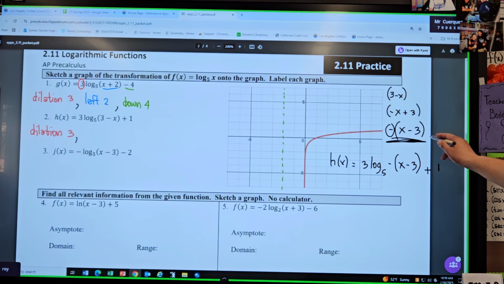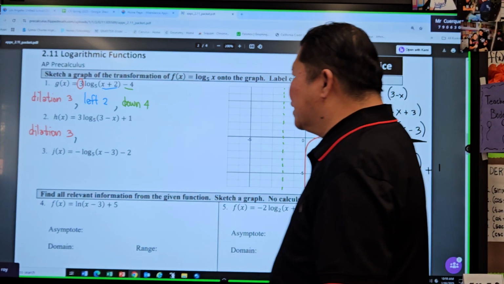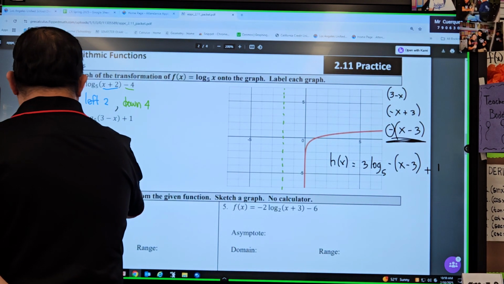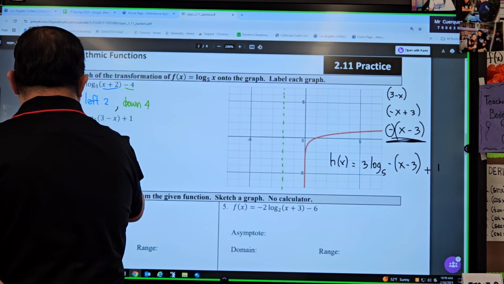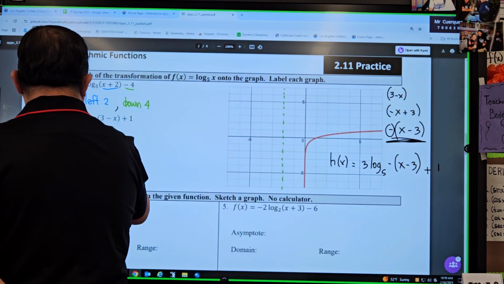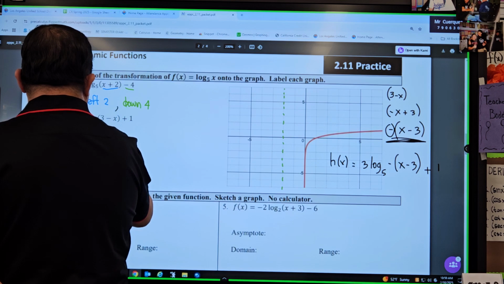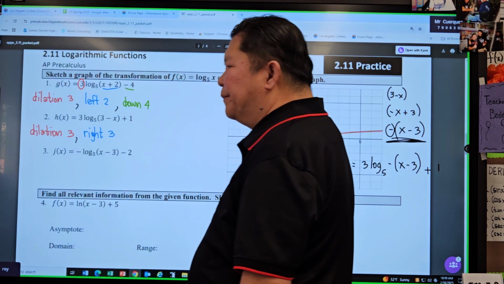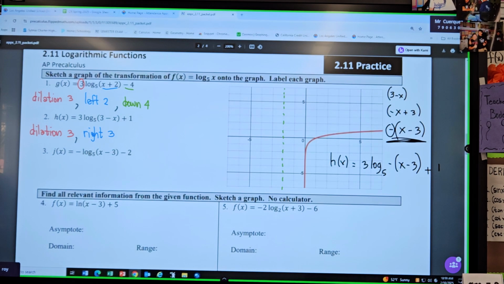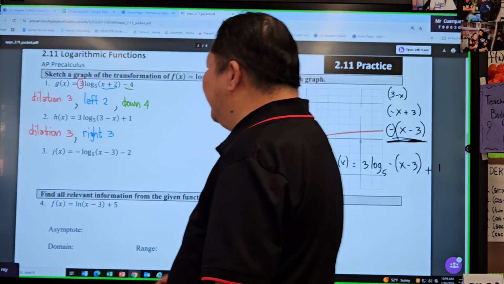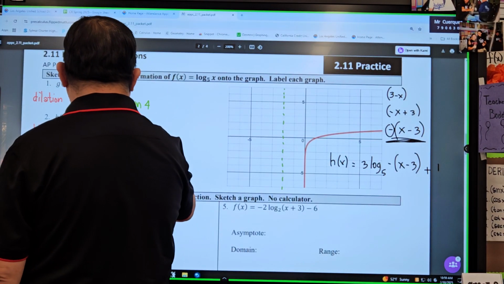Right of 3, right? So right 3. And how about this one? Is it up or down? The plus 1. It's going to be up by 1. So up 1.